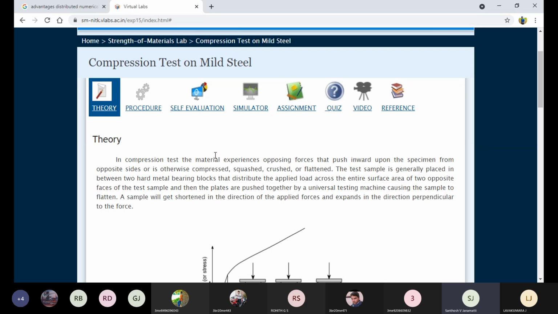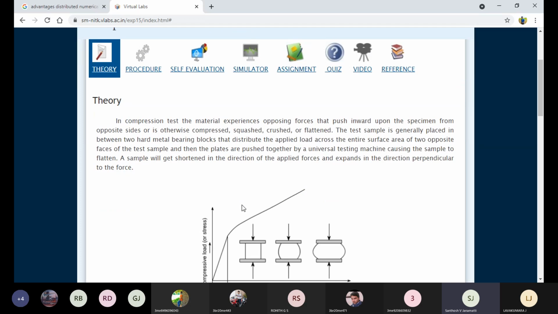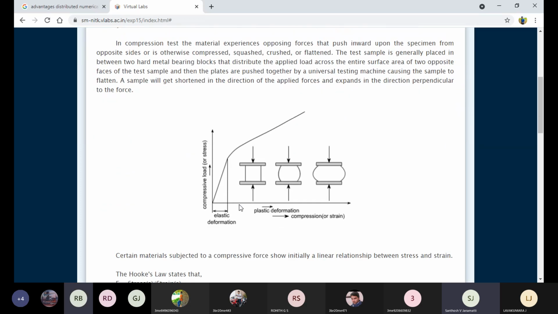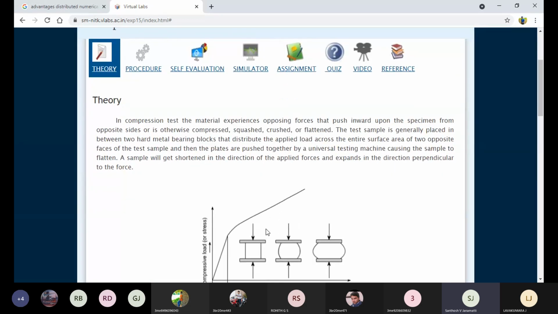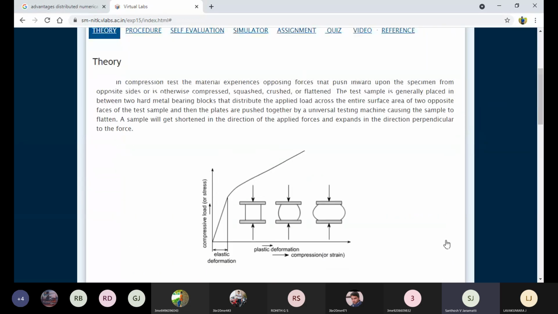Principal direction of the load in the tensile test. Hmm? Am I audible? Hello, am I audible now?